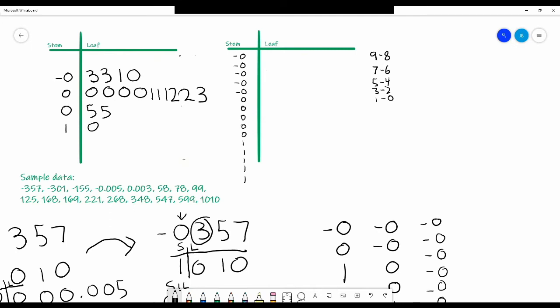So -357 is going to go into the second last -0 bracket. We're going to put 3 here. Again, -301, same bracket. -155 is going to go into our last -0 bracket.